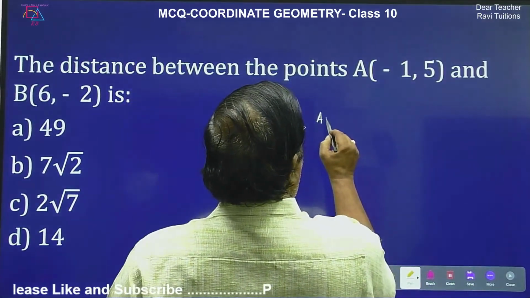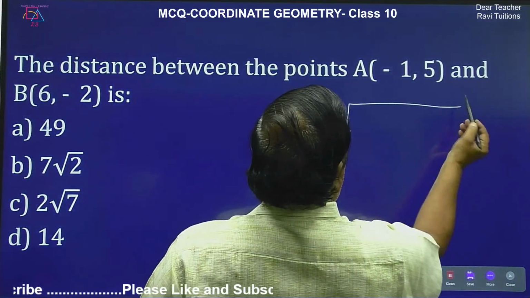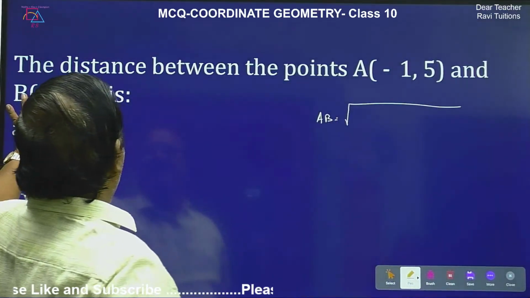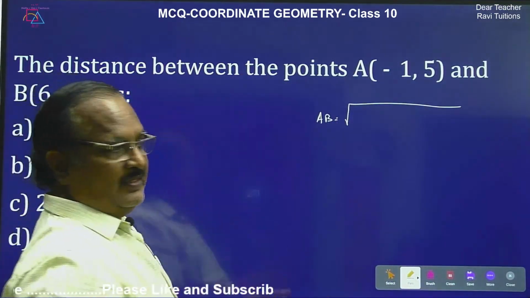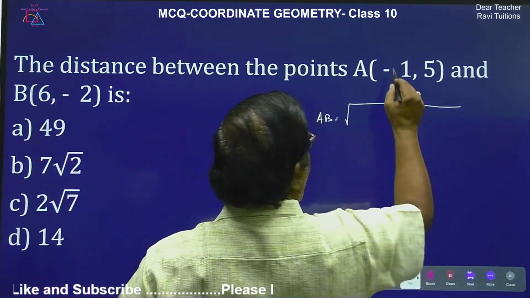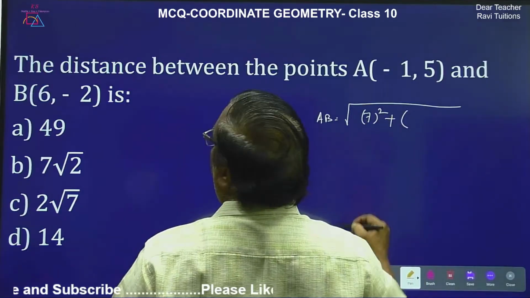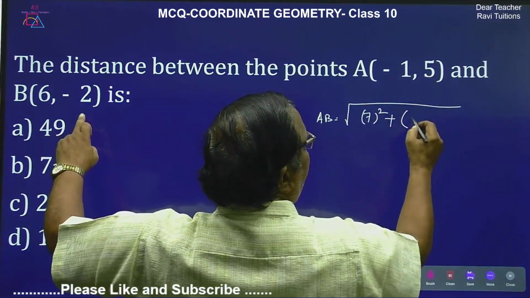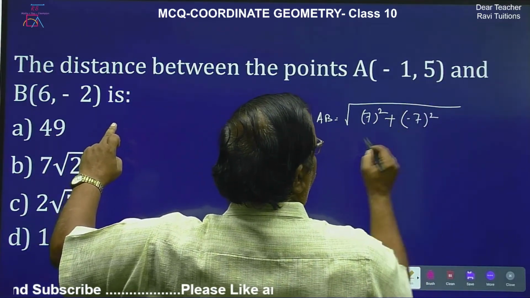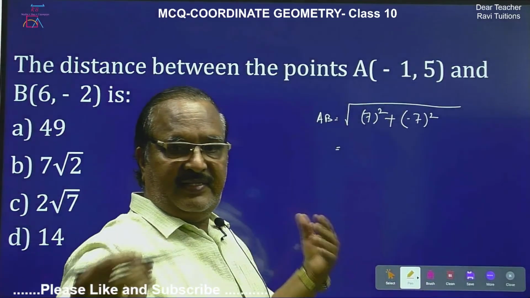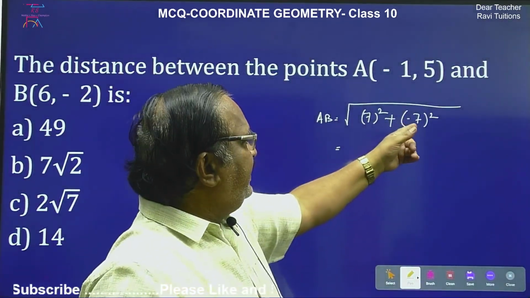AB is equal to, take this: 6 minus minus 1, that is 7, whole square, and minus 2 minus 5, minus 7, whole square. You write like this so that you will write correctly.